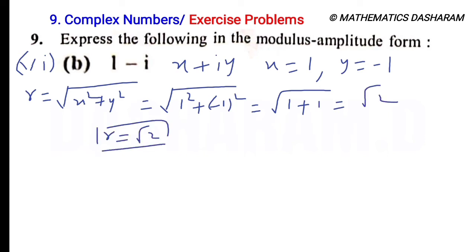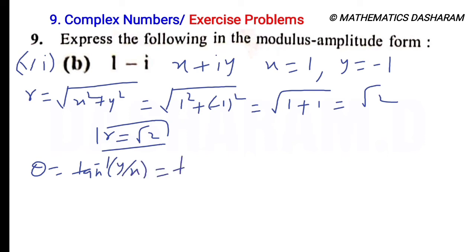Next, x value is positive and y value is negative, so the point (x, y) lies in the fourth quadrant. Then we can find the amplitude directly. Theta equals tan inverse of y by x.